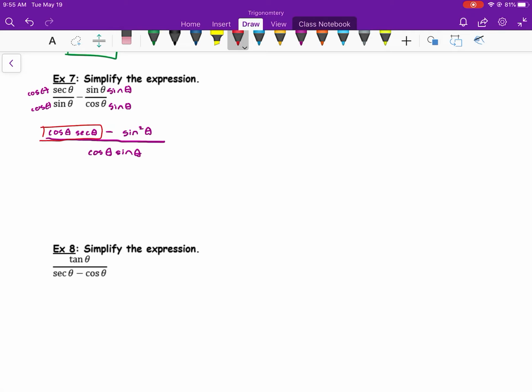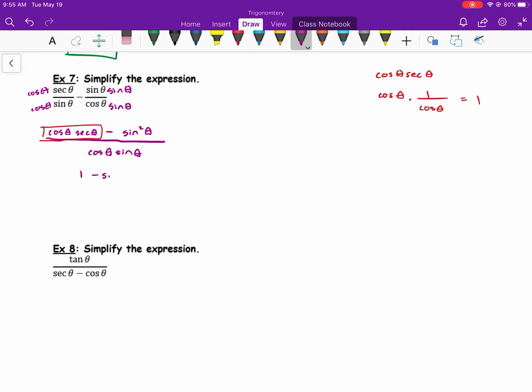The first part I'm going to do side work on is right there. I have cosine of theta secant of theta. Secant is the reciprocal of cosine, so it's really 1 over cosine of theta, which equals 1.